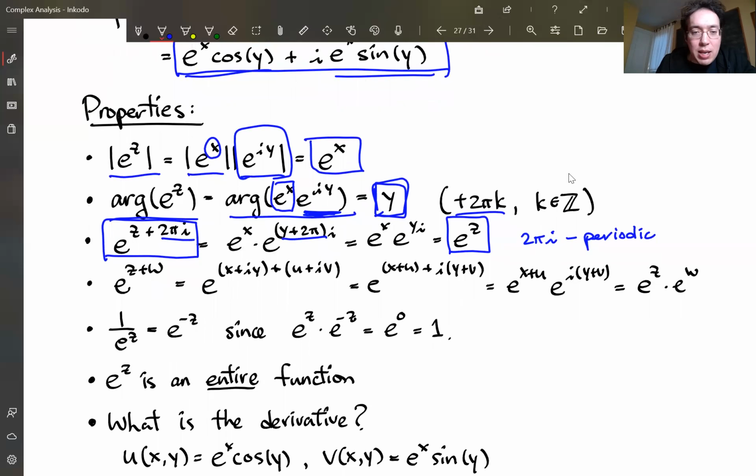Okay. And this is something that we shouldn't assume, but thank God it's true: if you add two complex numbers in the input, you can break up the real and imaginary parts.